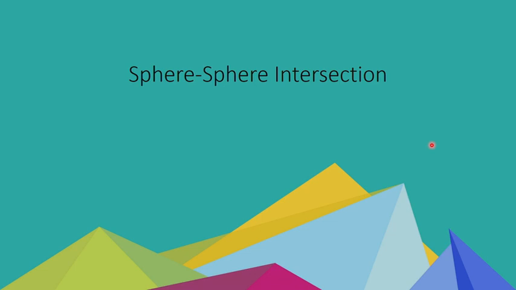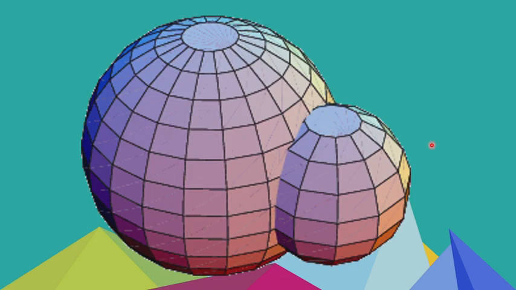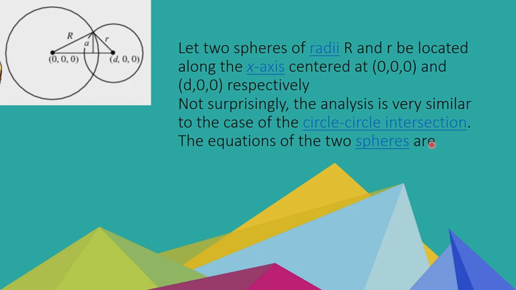So finally, what is a sphere intersection? In this image you can see that two spheres are intersecting each other. In this diagram, the center of the sphere is at the origin.